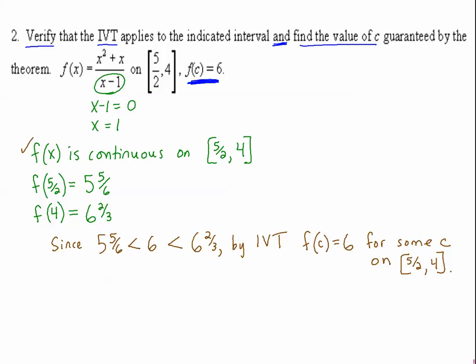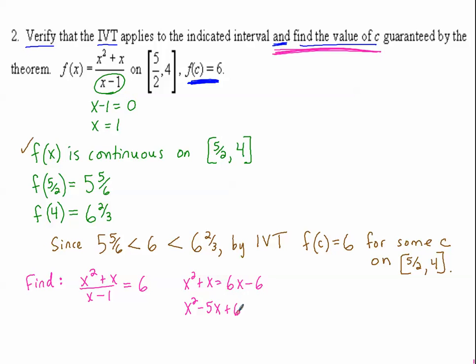Now, the second part of the question, find the value of c where that happens. We're not always asked to do that, but since here we are, we will do that. So I'm going to set x squared plus x over x minus 1 equal to 6, right? F of x has to equal 6 somewhere. I can cross multiply to get x squared plus x equals 6x minus 6. I can set it equal to 0 since this looks like a quadratic.